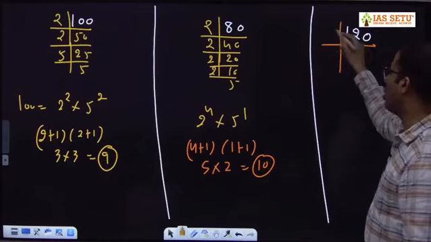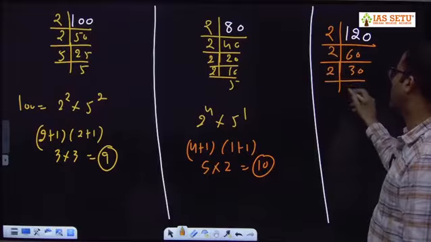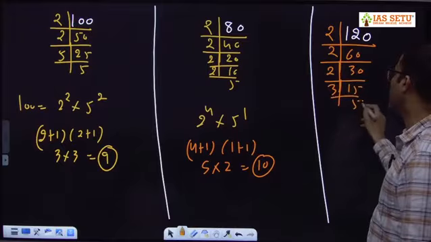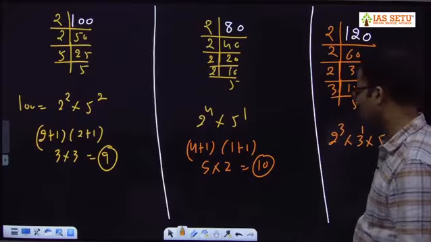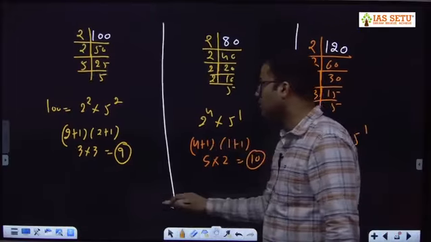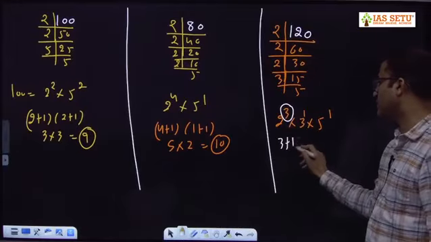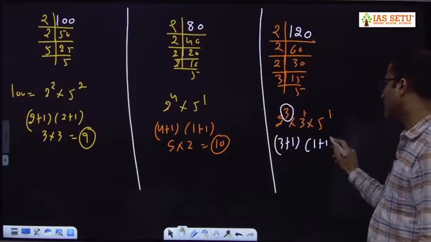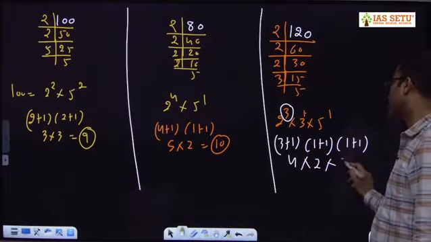We take 2 common 60, 2 common 30, 2 common 15, 3 common 5. So it is 2 to the power 3, 3 to the power 1, 5 to the power 1. According to our shortcut, add 1 to each power: 3 plus 1, multiply with 1 plus 1, multiply with 1 plus 1, 4 into 2, 8 into 2, 16.